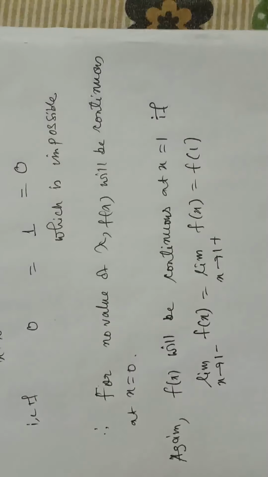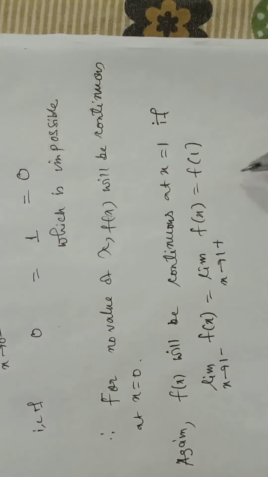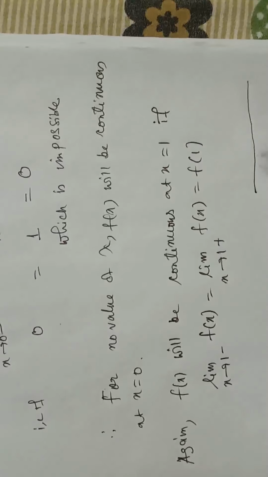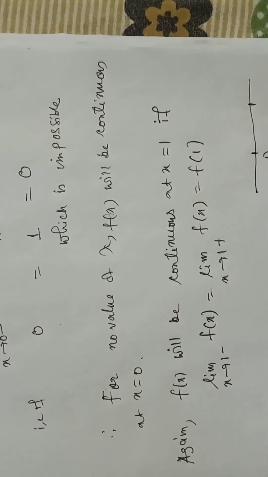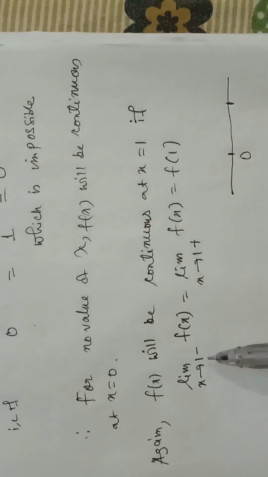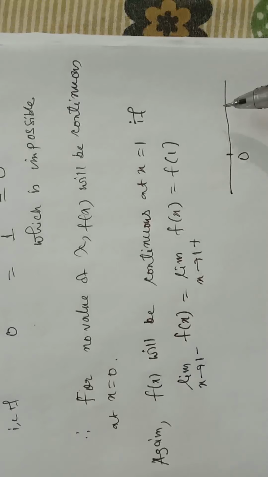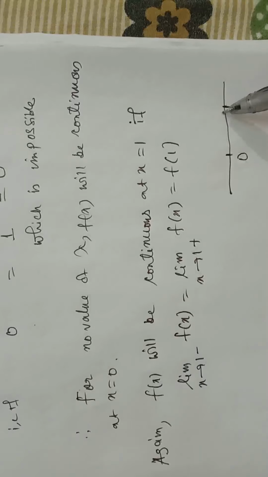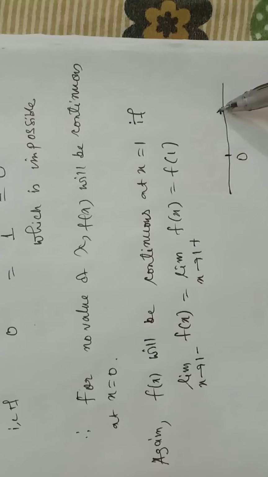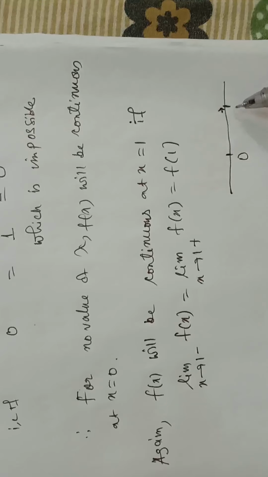Okay. Now let me draw the number line here, 0 and 1. Now x tends to 1 minus means x is approaching 1 from the left hand side, and x is very near to 1.